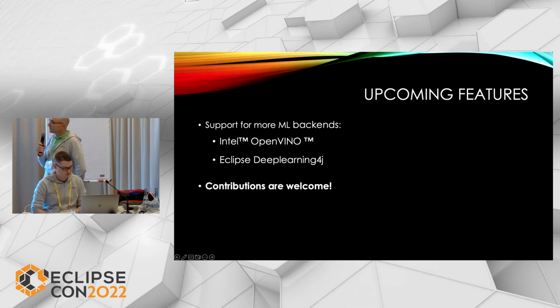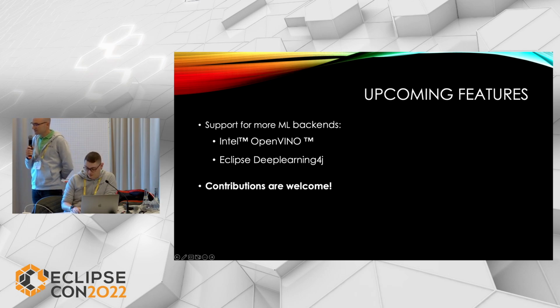The first implementation of the Kura APIs for AI was based on the Nvidia Triton Server, but there are a lot of cool tools out there. A couple of them are Intel OpenVINO, a library developed by Intel, which is very useful because it also supports custom hardware acceleration, and the Eclipse Deep Learning for J, an Eclipse project that provides libraries for developing machine learning algorithms.